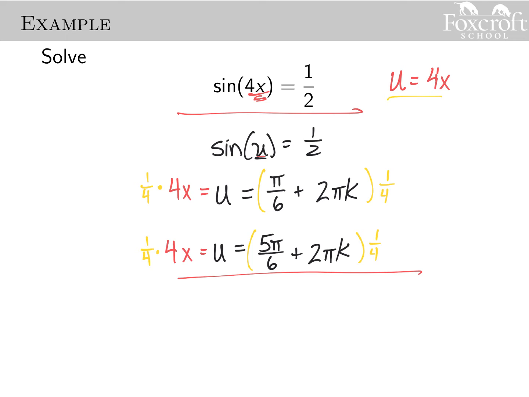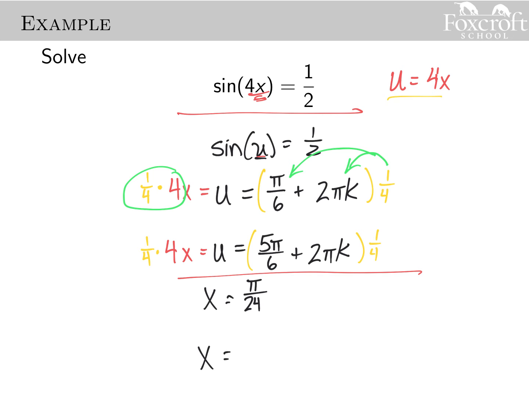So that's good, because here those cancel out, and I'm just going to get x on the left now. On the right, I have to remember to distribute this 1/4 into both of those things. So pi over 6 times 1/4, I'm going to get the pi on the top, and 6 times 4 is 24.